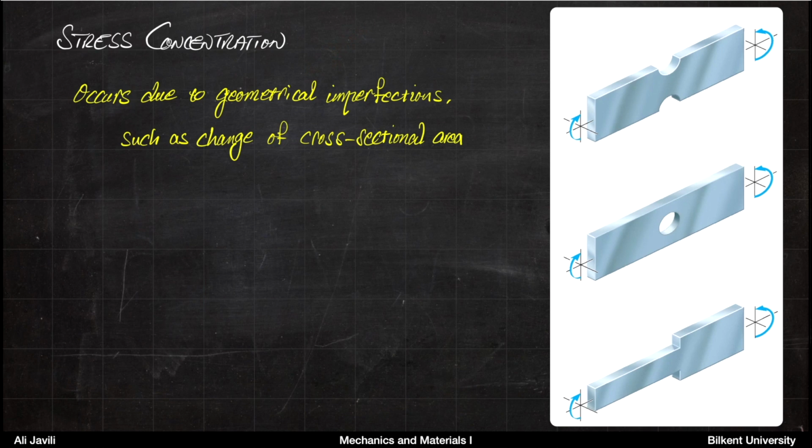A good example of a geometrical imperfection is changes of cross-sectional area. So you can imagine if instead of just having a uniform cross-section, you have a member which looks like this or this or this one, here something more interesting will happen. So close to the geometrical imperfections, the stress will increase or it will concentrate.